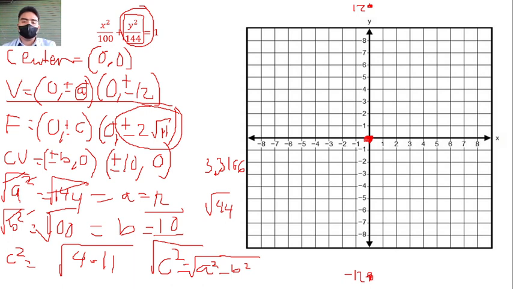So you have 6.6332. Why did it become 6.6332? Because you have 2 already, isn't it? So when you got the square root of 11, you will multiply it by 2. So your focus is located at 6.6332.